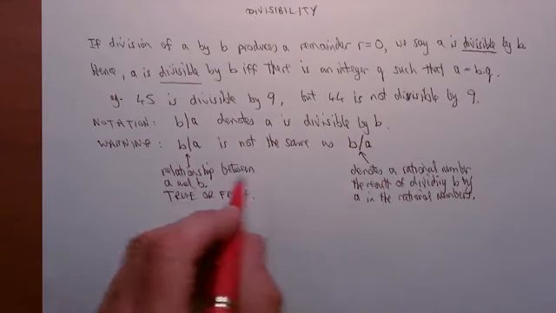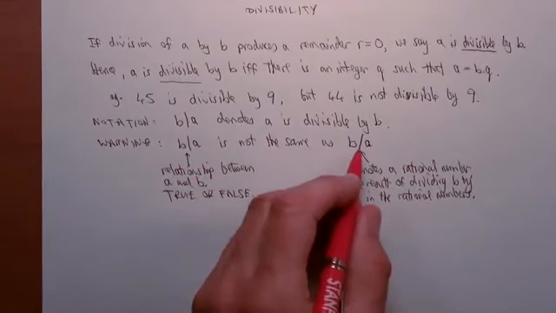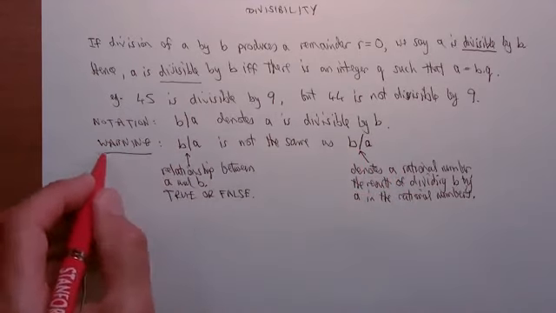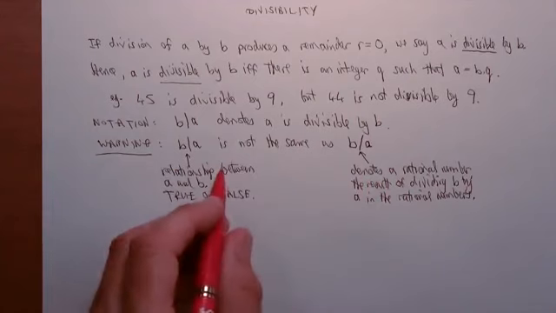Now these are quite distinct concepts. This is something to do with two integers, tells you whether two integers are in a certain relationship. This is a notation for a specific number. The reason I'm issuing this as a warning is that beginners in particular often confuse these two things.